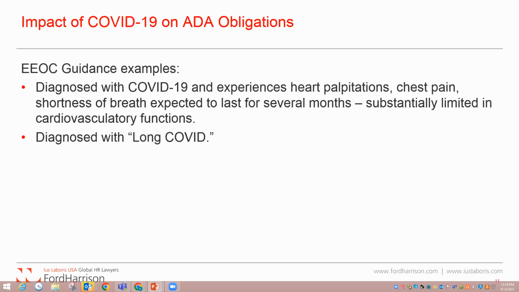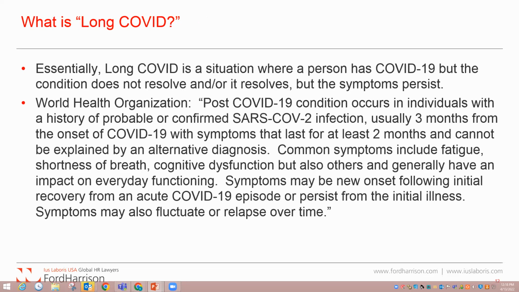And if the individual is diagnosed with actual, quote, long COVID. And there are some healthcare systems, for example, in St. Louis that I know of that actually have a facility or a part of their organization that is called the Long COVID Clinic. And I'm not sure what goes on there yet, but I assume that they're trying to help people who have these, what they call long COVID.